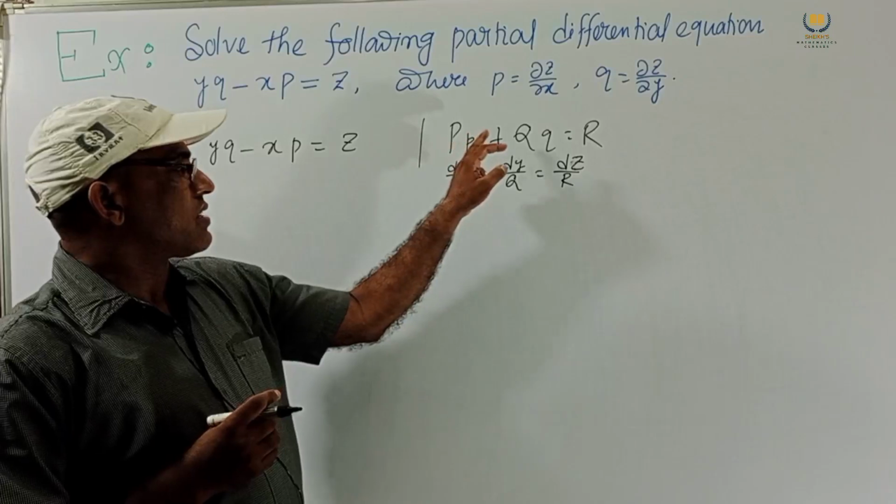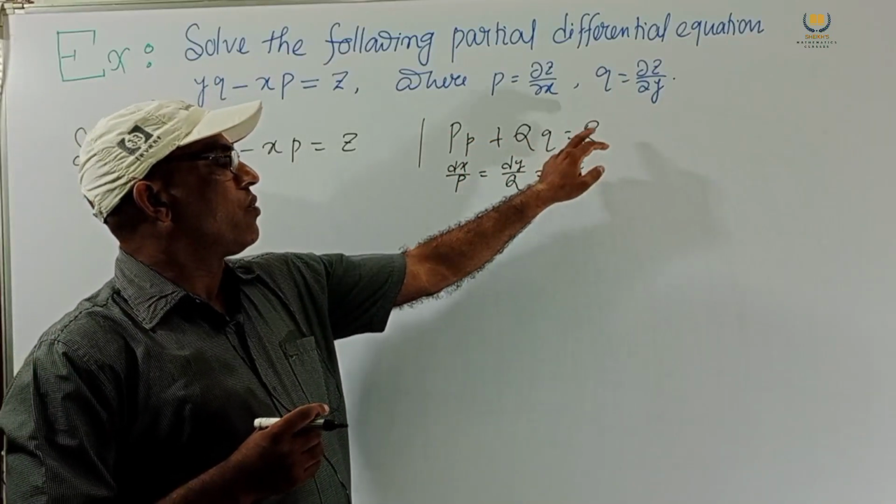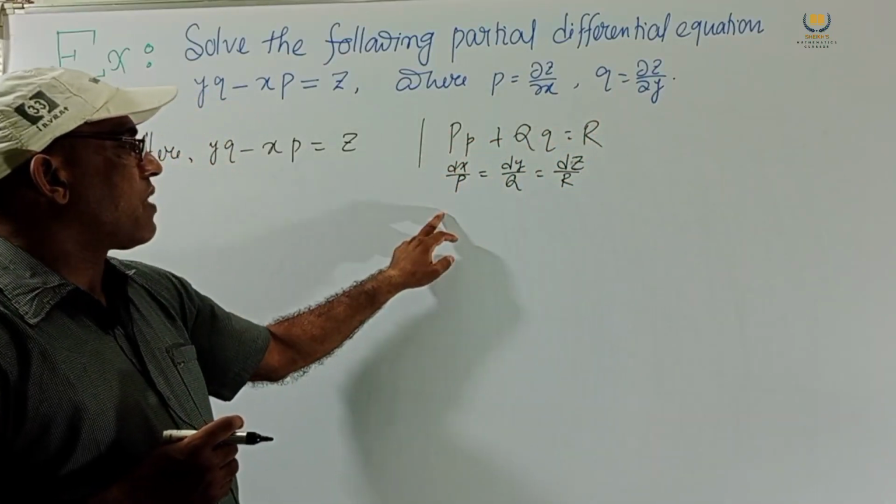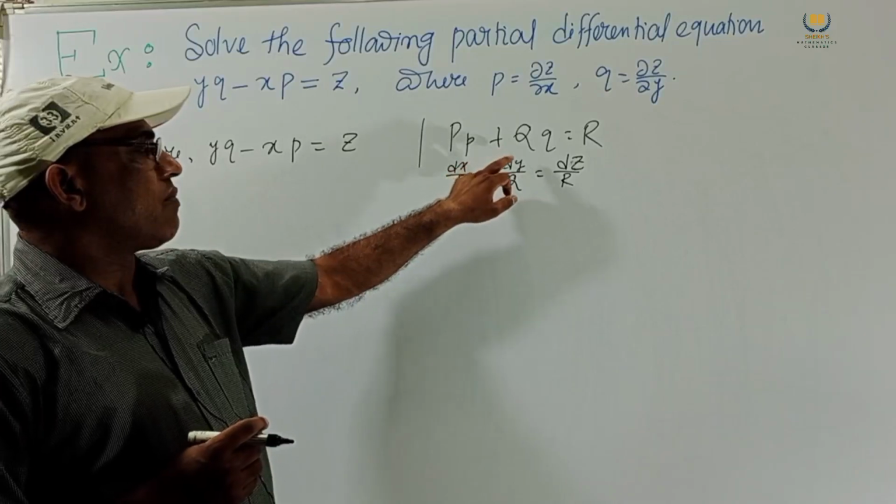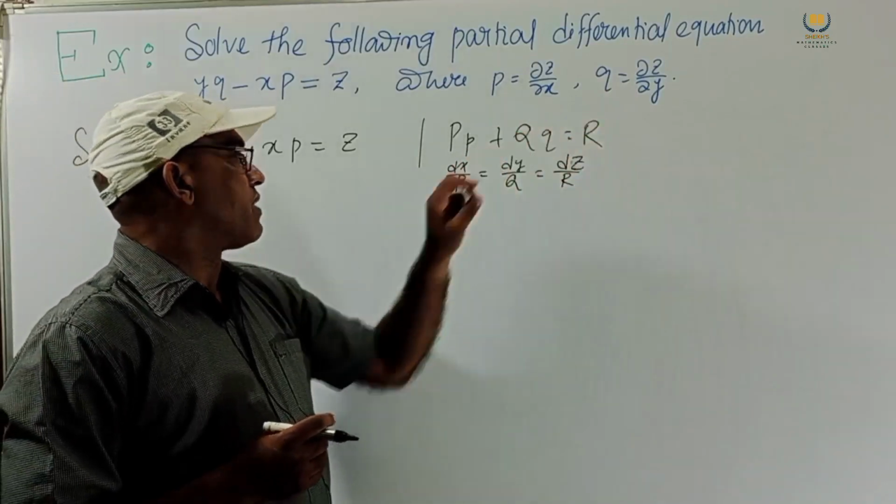If we get the equation Pp + Qq = R, then dx/P, dy/Q, and dz/R.